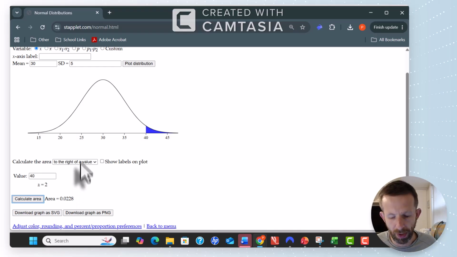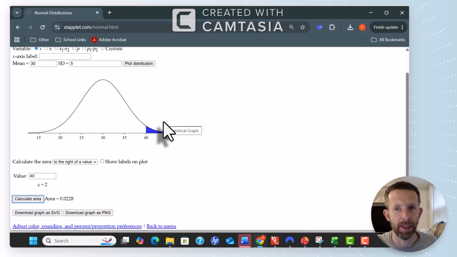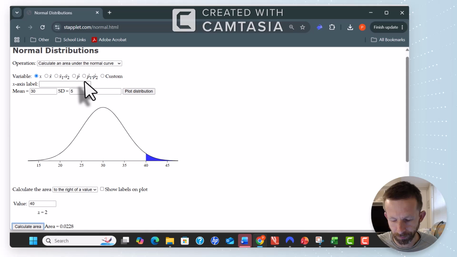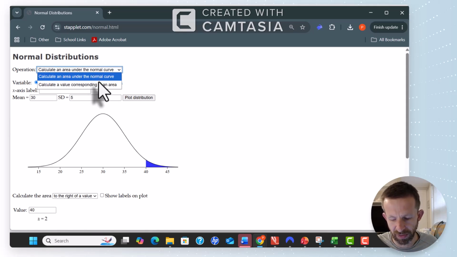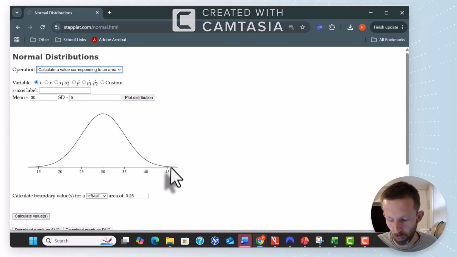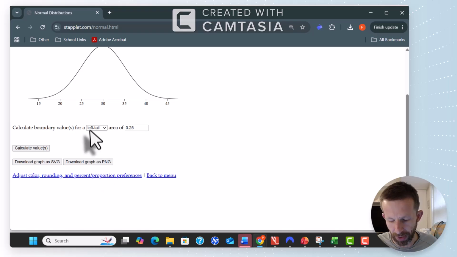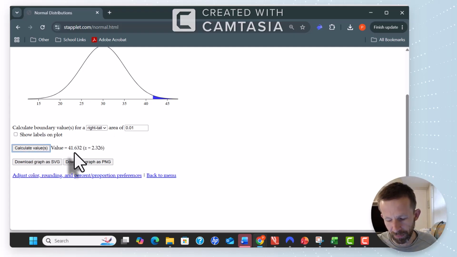And what if the pizza place wants to make a guarantee where, let's say, they give away 1% of all pizzas because they're late. So I want to know what value corresponds to 1% on the right. If I go to the right tail and make that 0.01, it would be a time of 41.632 minutes.